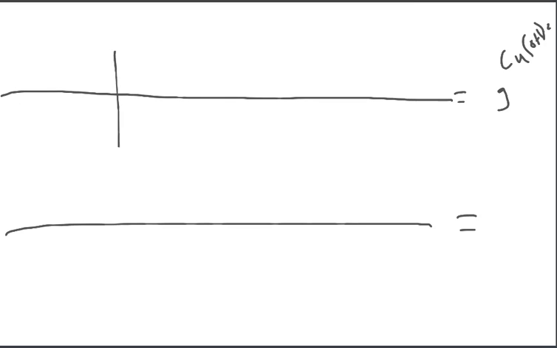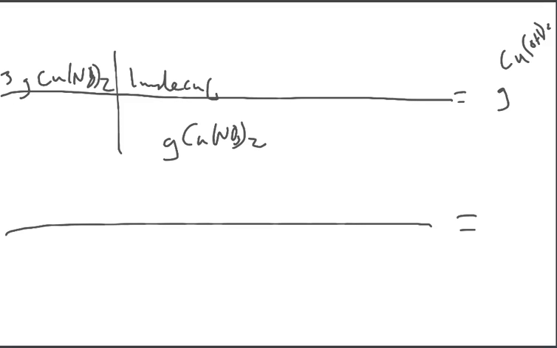So I'm going to start with my limiting reactant. That was 3 grams Cu(NO3)2. Then I'm going to have grams of Cu(NO3)2 per every 1 mole Cu(NO3)2. I know you can't read it, but hopefully you can hear it.